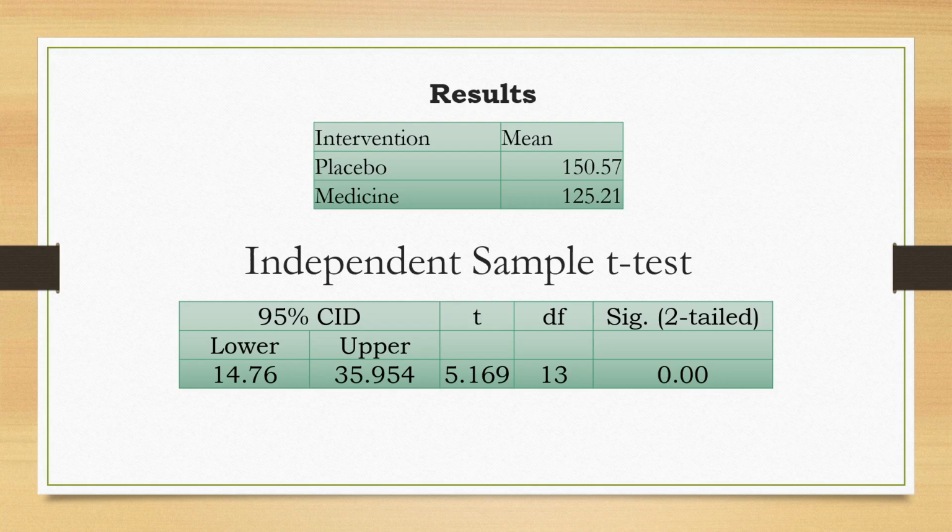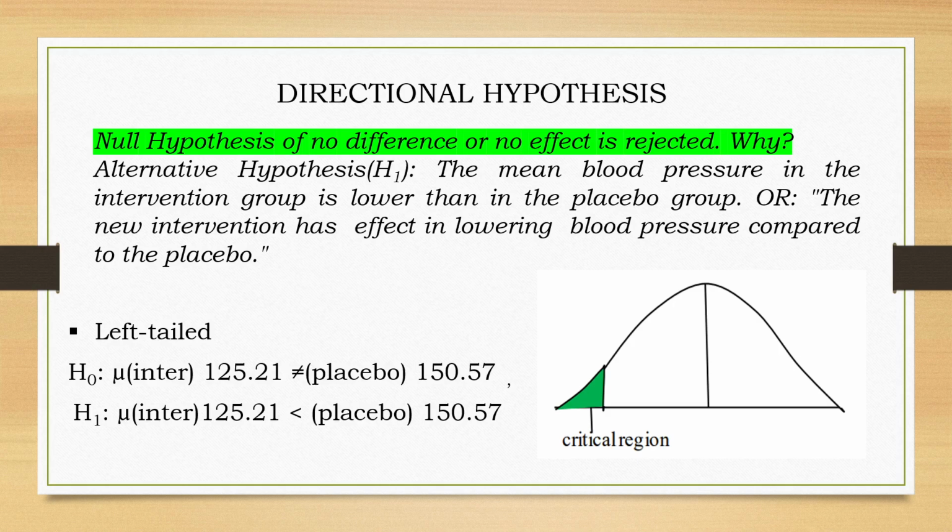In this case, we are going to reject the null hypothesis, that the medication does not have any effect, because now we have enough evidence to support the alternative hypothesis, which is saying that the medication has an effect on lowering the blood pressure.